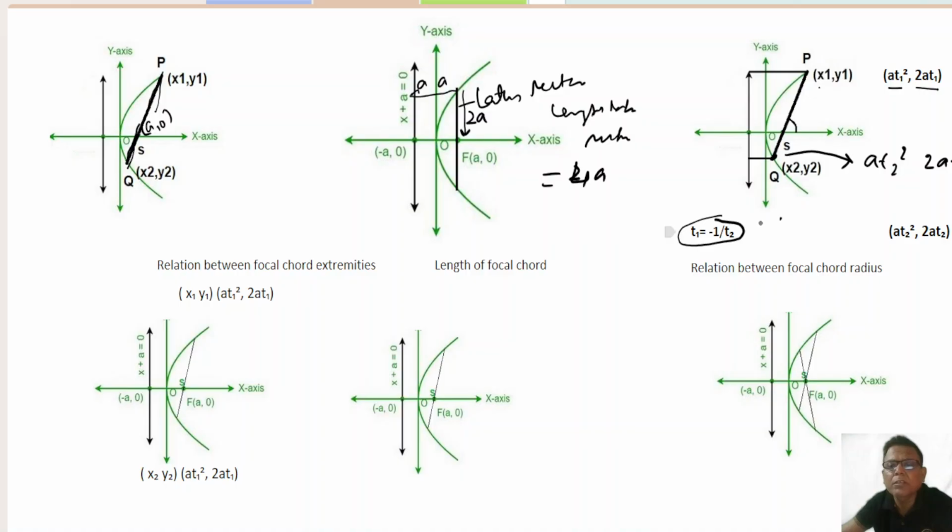Or you can further derive it for x2. What will be x2? x2 will be a t2 square.